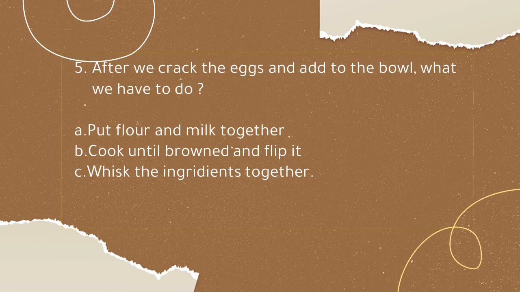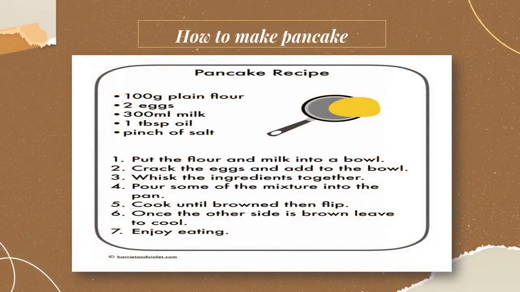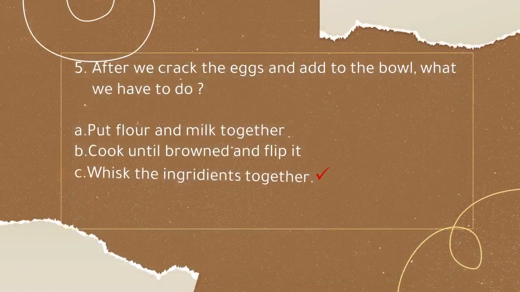So, the best answer is A, B, or C? Check again this picture. Yes, so the answer is mix the ingredients together. The answer is C, mix the ingredients together.